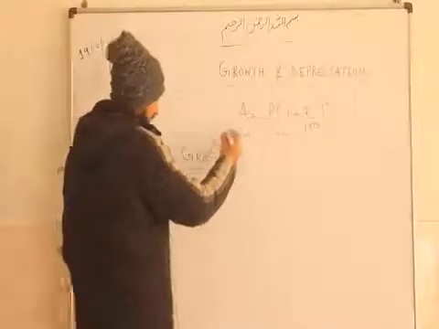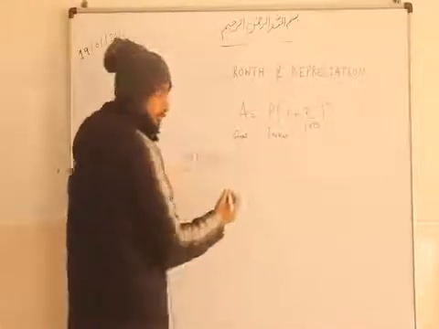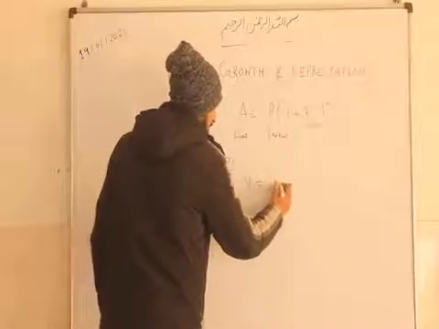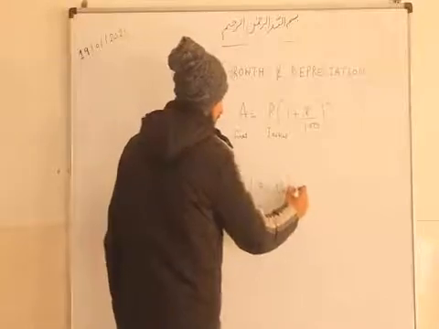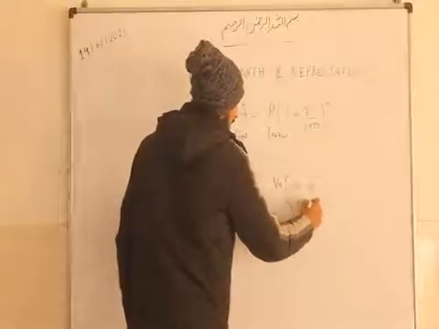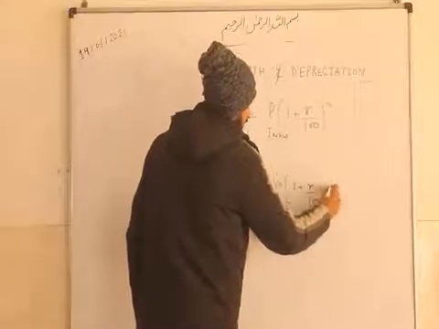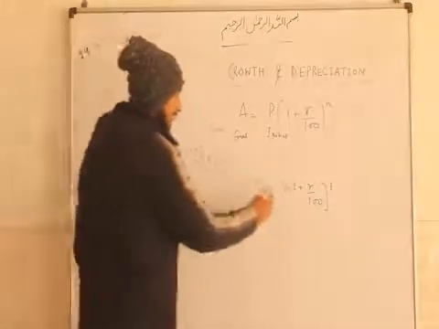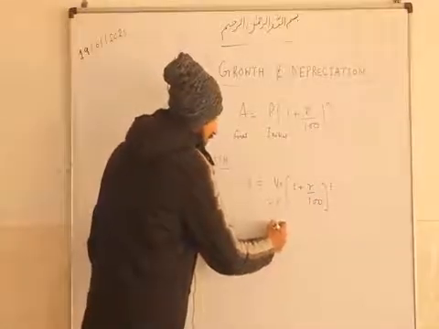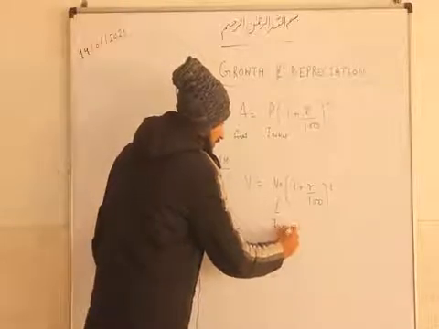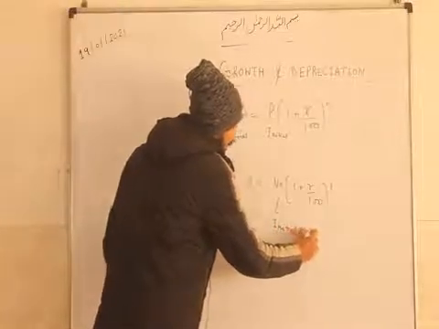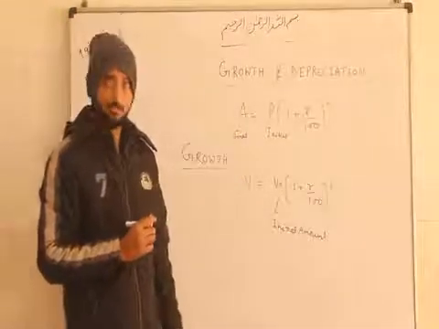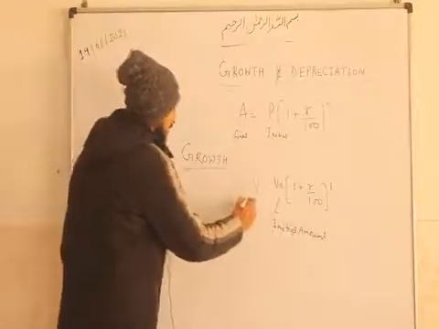So the formula for calculating the growth is V equals V naught (1 + R/100) to the power T. This is the same as the earlier formula. Here V naught is the initial amount and V is the final amount.